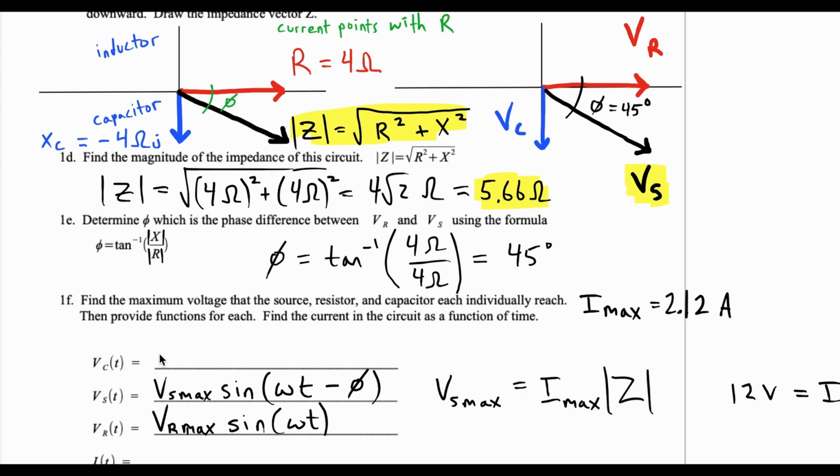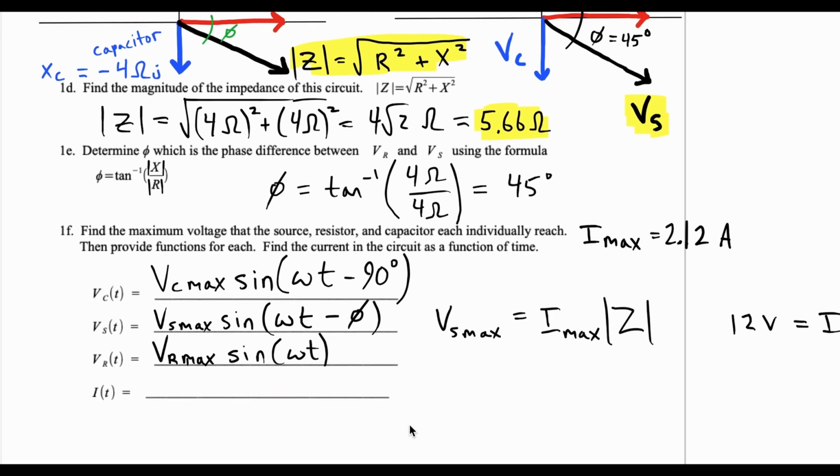Now over here with the capacitor, we'll do Vc max sine of omega t minus 90 degrees, or you could put pi over 2 if you're doing radians, either one. And so that's what we want to do. We just want to edit these. I know what Vs max needs to be.